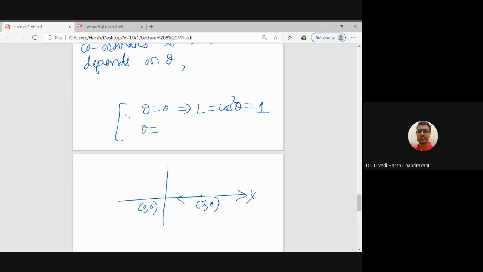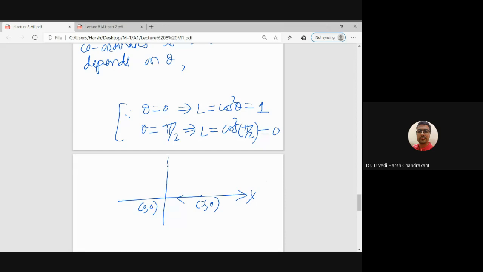If we take θ equals, let us say, π/2, then what is the value of L? The value of L is cos² π/2, and we know that cos 0 is 1, cos π/2 is 0. So the value of the limit is 0.